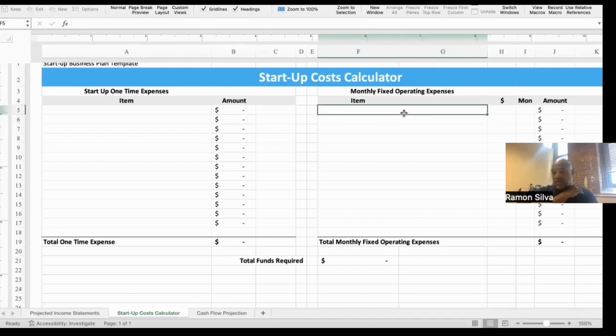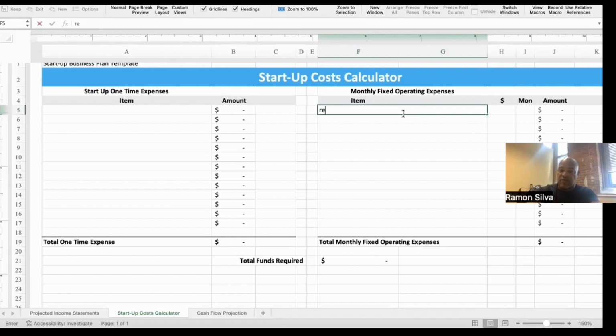For your monthly fixed operating expenses that we will give you credit for as a startup cost, for most businesses, I would say are probably going to be limited to 2 or 3 months. By that time, you should be generating enough revenue to hopefully meet your monthly expenses. You may not meet all of your expenses if your business is not projecting a profit in the first year, but for many of your monthly fixed operating expenses, you should be able to cover.